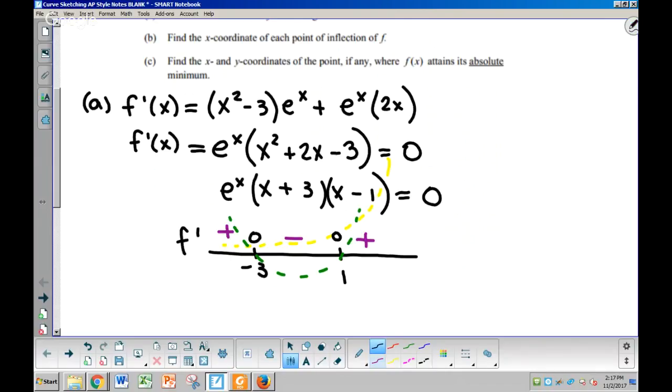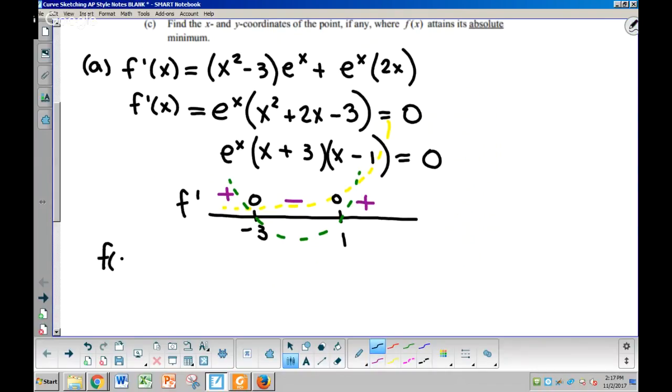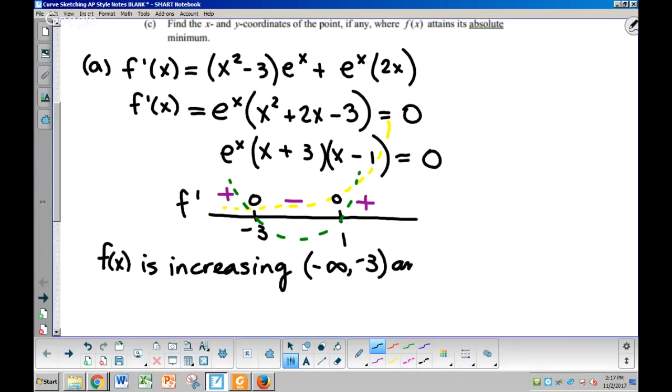So we can say then for part A, f of x is increasing over what intervals? Negative infinity to negative 3 and 1 to infinity. How did we know using calculus? That's right. Since f prime is greater than 0, and that's your justification.